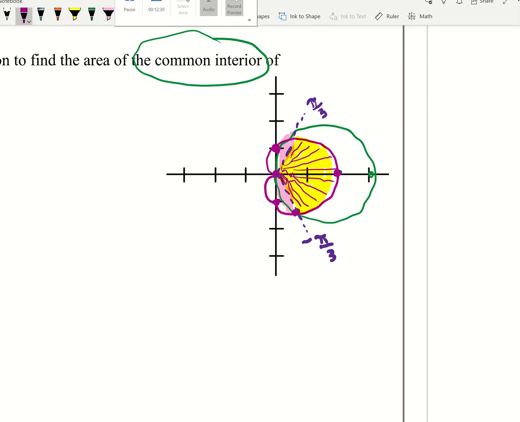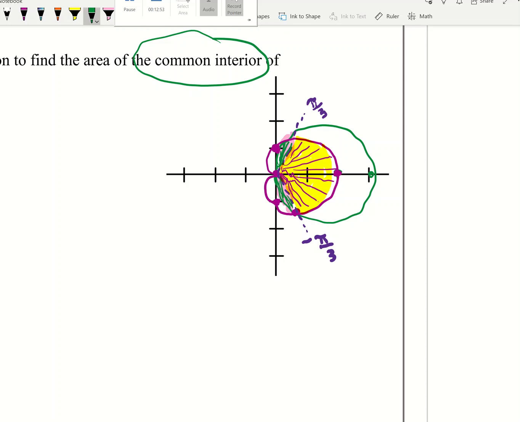However, if I want to look at the pink region, that will be formed from pi over 3 to pi over 2 by my circle. Notice it's not matching up the outline of my purple cardioid. It's matching the outline of my green circle.